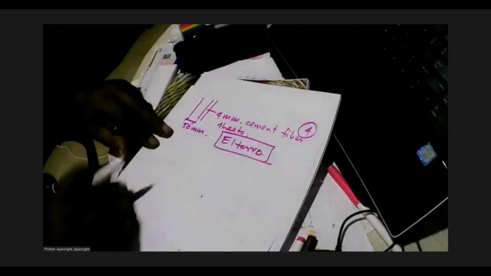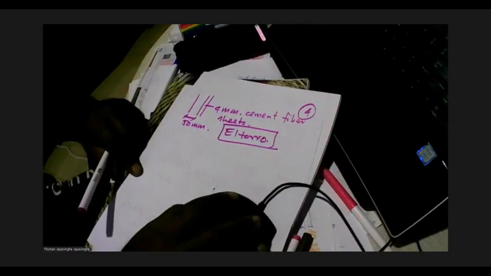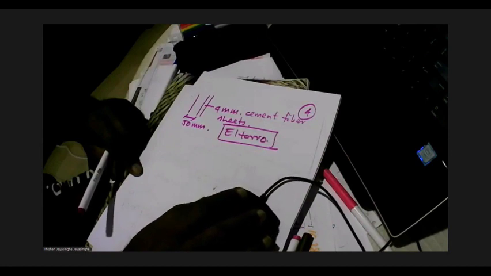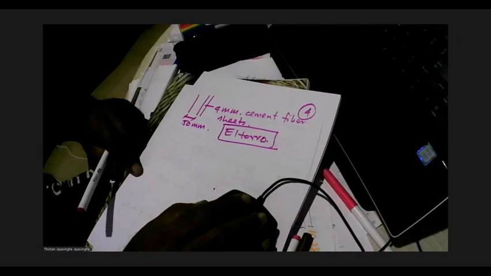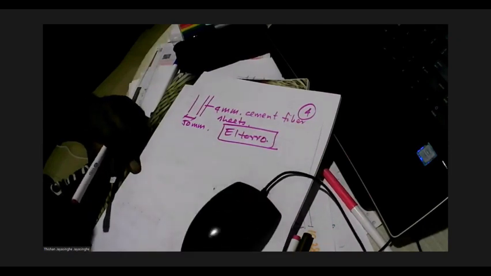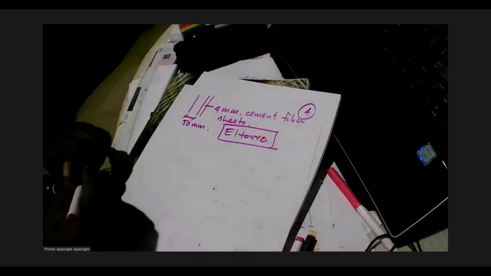Now these days they use the cement fiber sheets manufactured in Sri Lanka by a company called Eltero. So the cement fiber sheets are also manufactured in Sri Lanka.